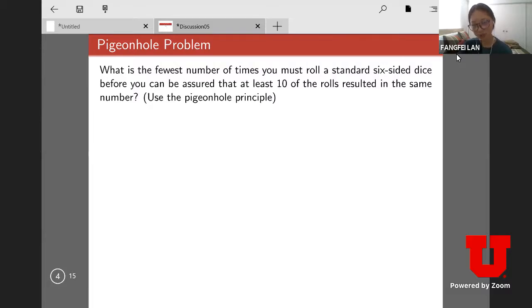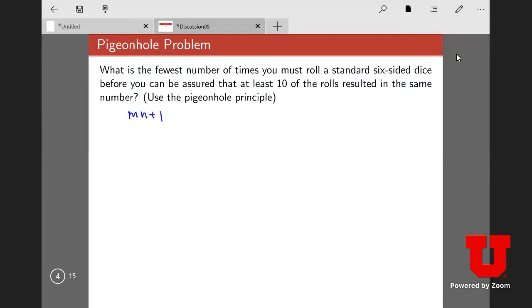Yes, but what is mn plus 1? The number of times we have to roll. Yes, that is true. So, okay, this is a little trickier than the other pigeonhole problems that we've done before, but it's still not hard.